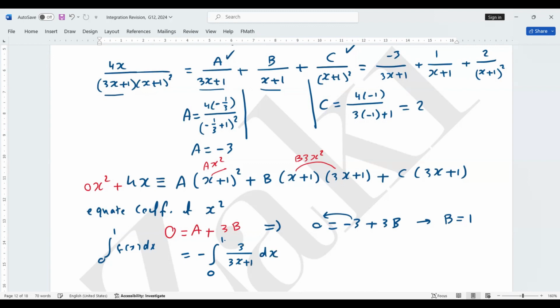Plus integration. Do you understand this way? We separate the integration. 0 to 1, 1 over x plus 1 dx. Plus 2 integration. We can move this up because the power is 2 down. X plus 1 power negative 2 dx from 0 to 1.